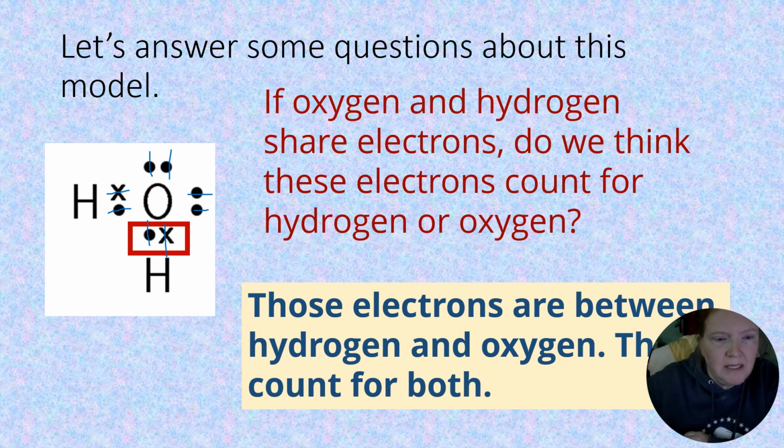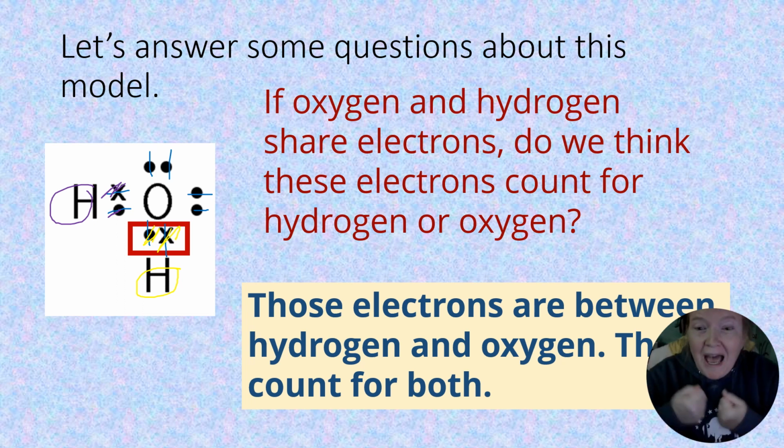So what about this hydrogen right here? This one has 1, 2, and for hydrogen, that's full. It's perfect. And then what about this hydrogen? Well, it has 1, 2, perfect, full outer shell.